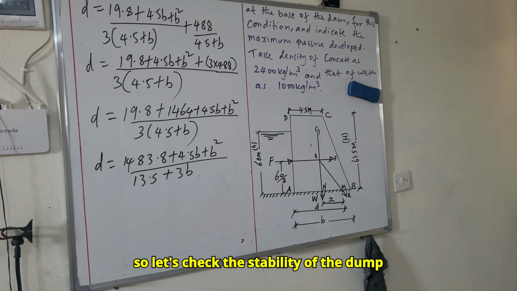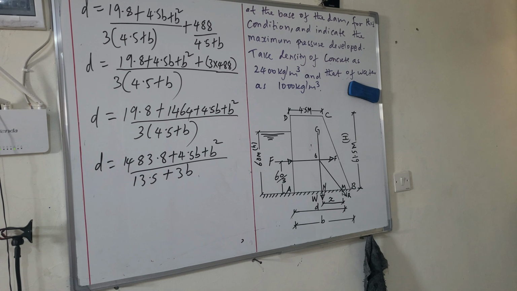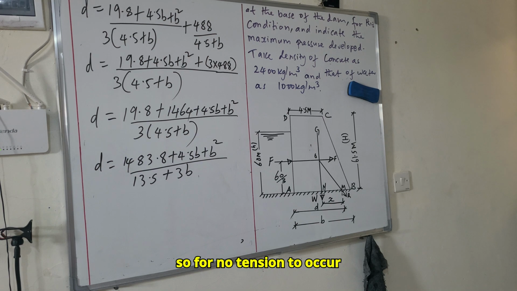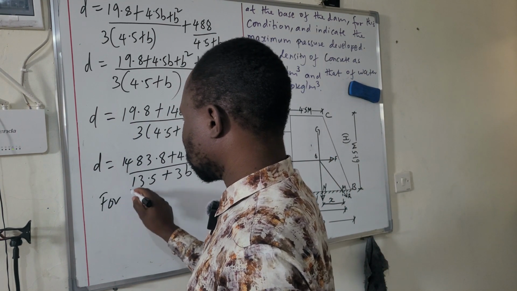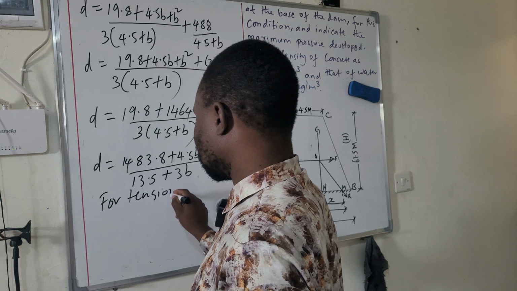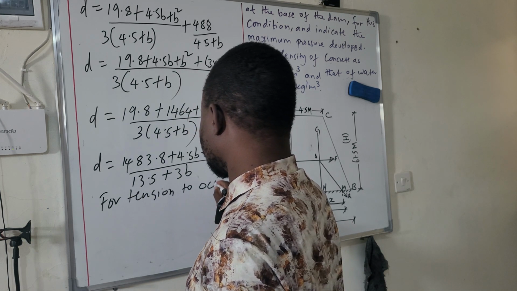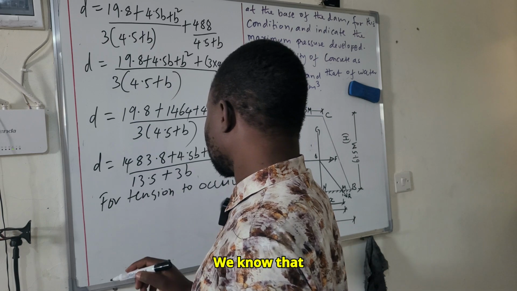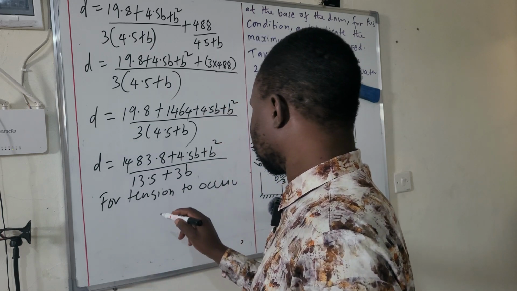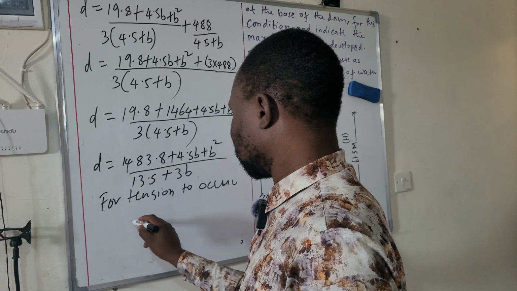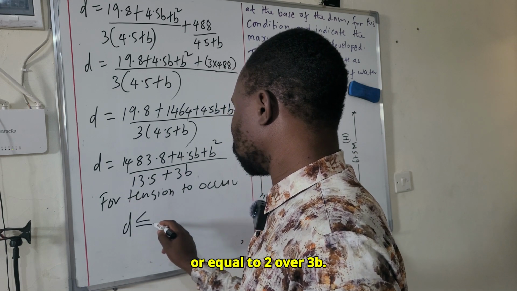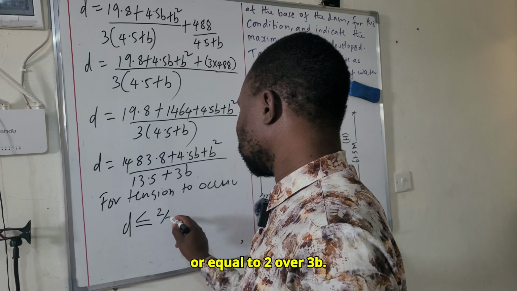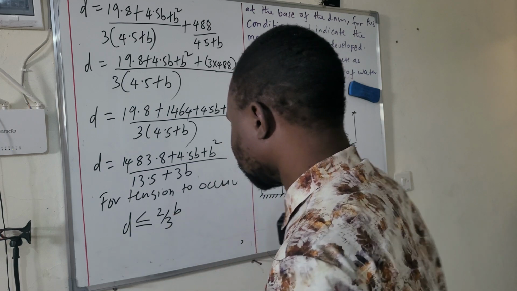So let's check the stability of the dam. So for no tension to occur, we know that D must be less than or equal to 2 over 3B.